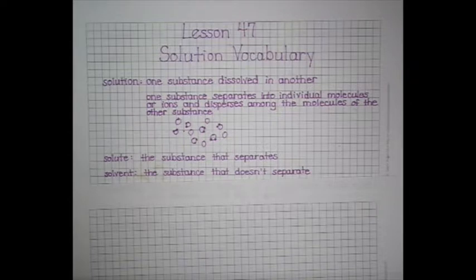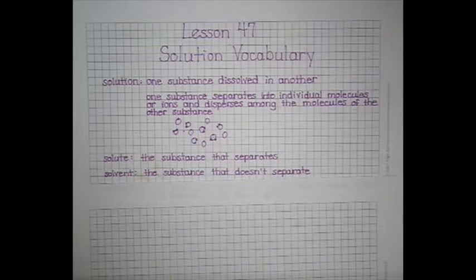Now, we tend to think that solutes are solids and we dissolve them in liquid solvents, but that's not necessarily true. We can dissolve gases in liquids, the carbonation in a Coke. We can dissolve solids in liquids, well, like the sugar and the water. We can dissolve liquids in liquids. We can dissolve alcohol in water or water in alcohol. It goes either way.